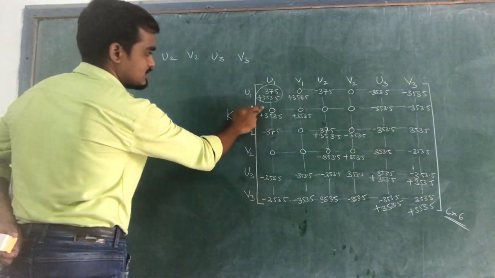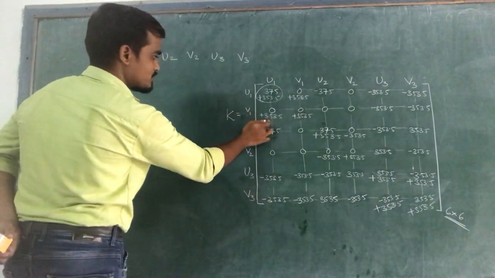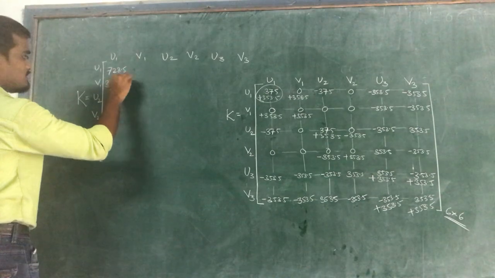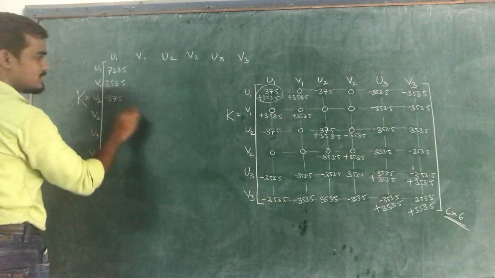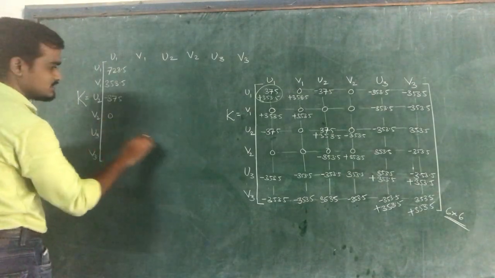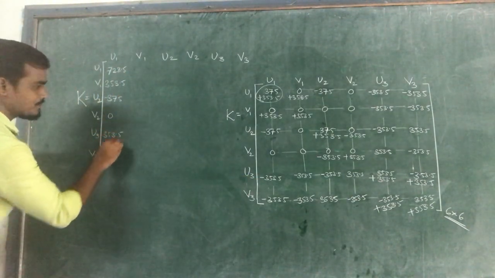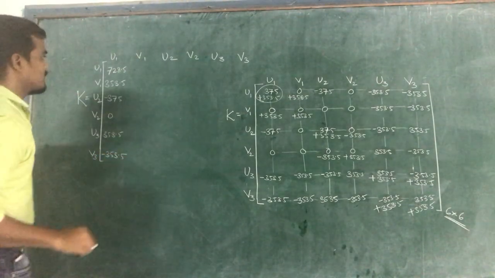728.5. Then we will go from column to rows. Okay, so 0 plus 353.5, 353.5, minus 375. Then 0. Then 353.5. Then minus 353.5. Okay.